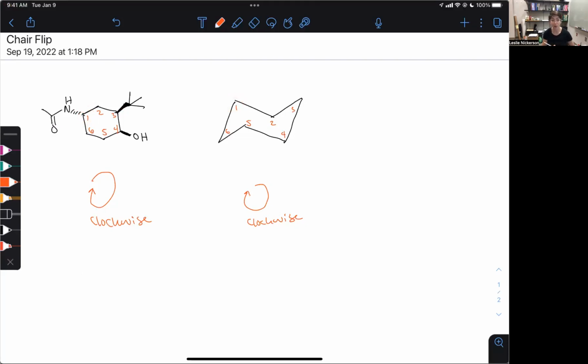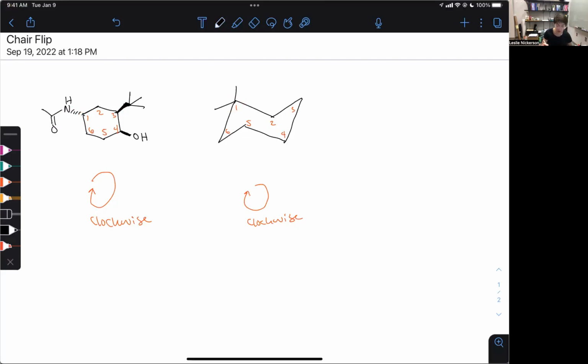Now that I have my carbons numbered, we're going to go in with our substituents. On carbon 1, we have an amide, so that is going to be dashed here, so that's going to be in the down position.